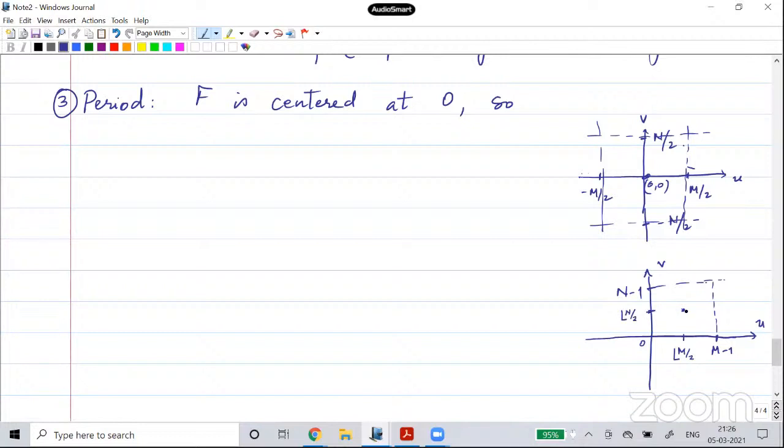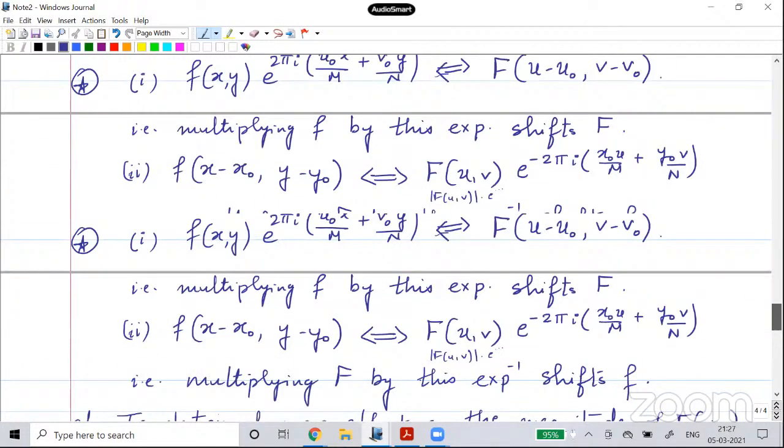This is the point. So this function f, so that f(0,0) will lie here now instead. Earlier f(0,0) was here, lying at this origin. What we would like to do is move it so that it lies here. This is where the star will play a role.